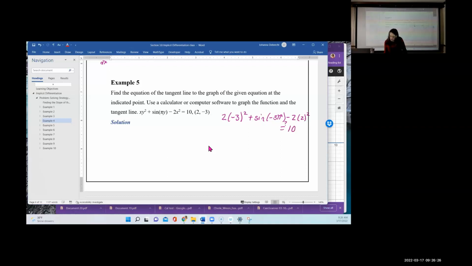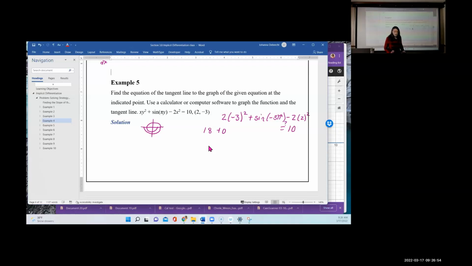So this would give me 2 times 9, which would give me 18. And the sine of -3 pi, remember that -3 pi, you're going clockwise. So there's 1 pi, there's 2 pi, there's 3 pi. You end up out there coterminal with pi. And the sine of that is 0 because it's the y value. So we get a 0 for this.